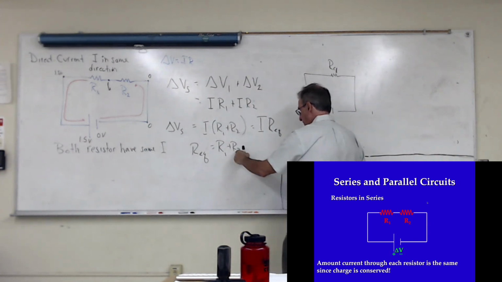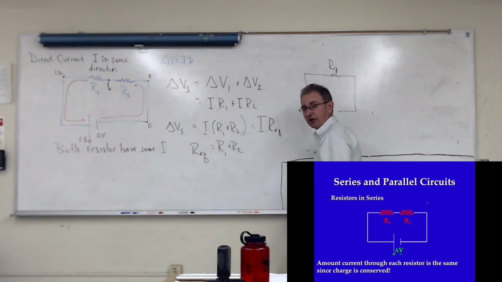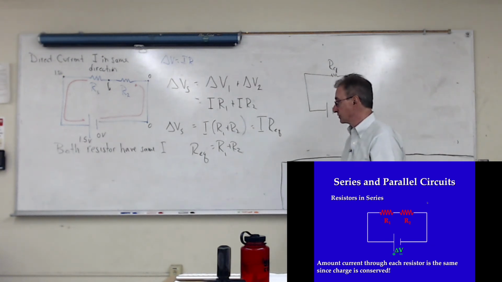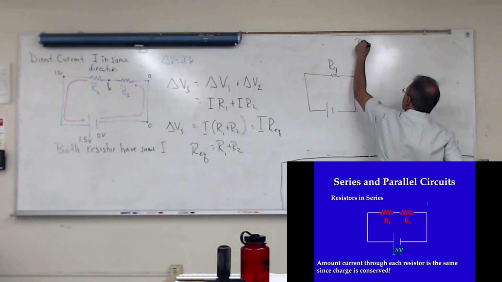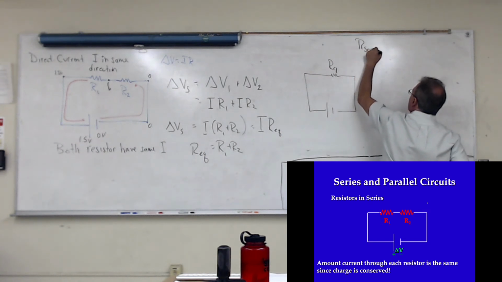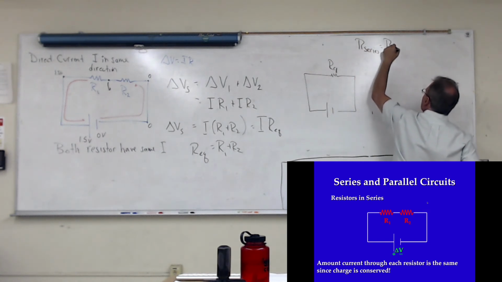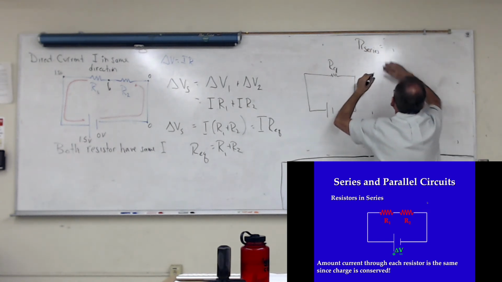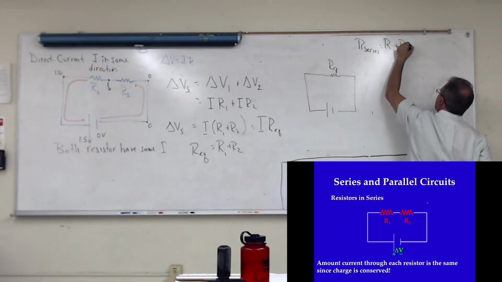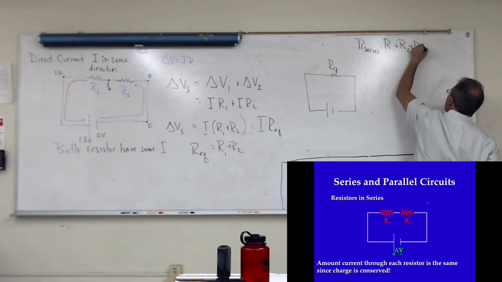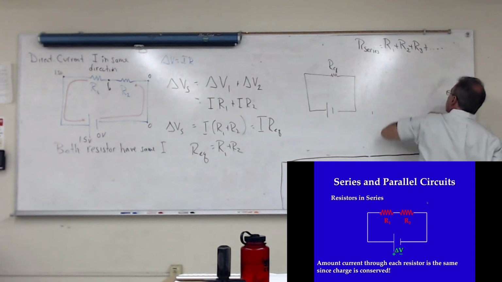If I had 3 resistors, then there would be a sum of 3 resistors. If I had 4 resistors in series, there would be a sum of 4 resistors. So in series, they just add.